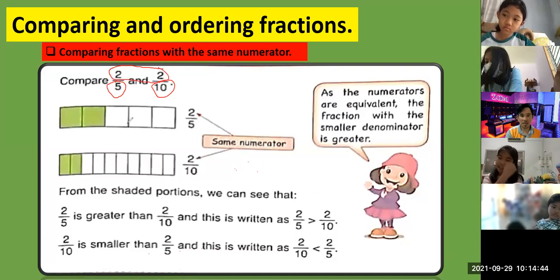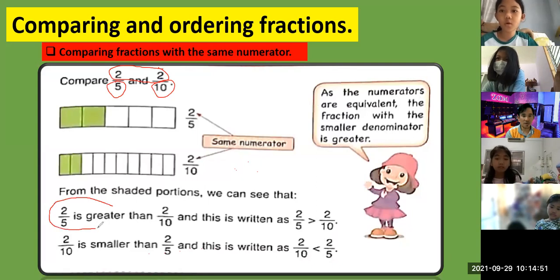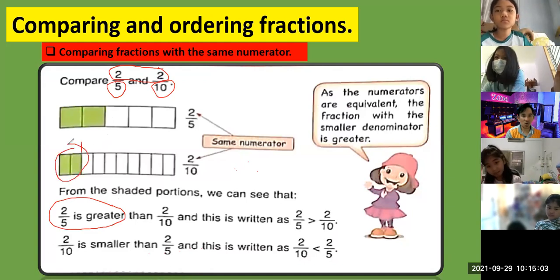So you will see that in the shaded part, 2 over 5 is greater. It is bigger. 2 over 5 is up to here, and 2 over 10 is up to here only. So this one is smaller, which is 2 over 10.